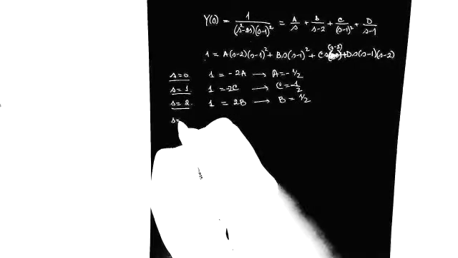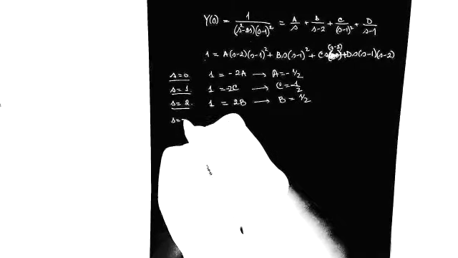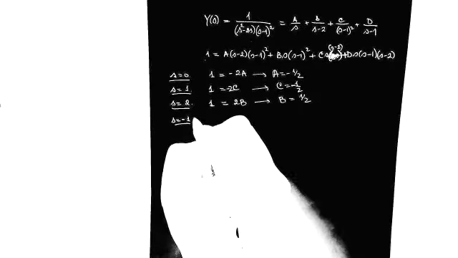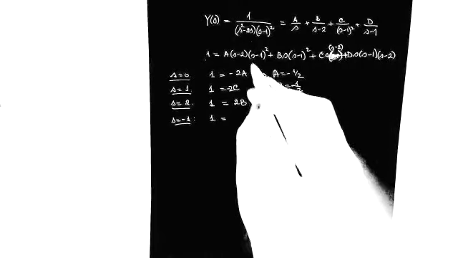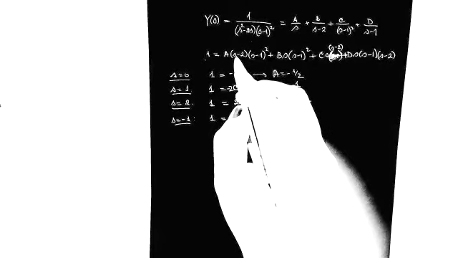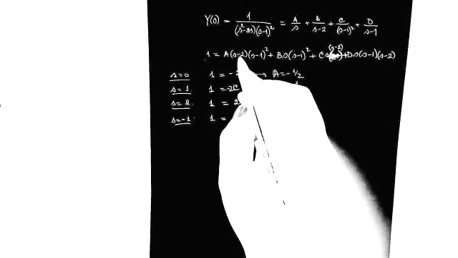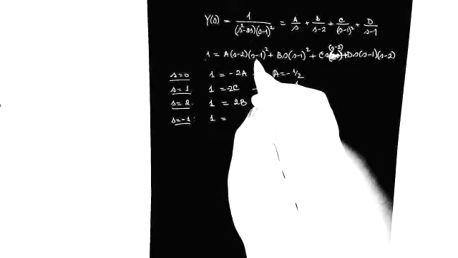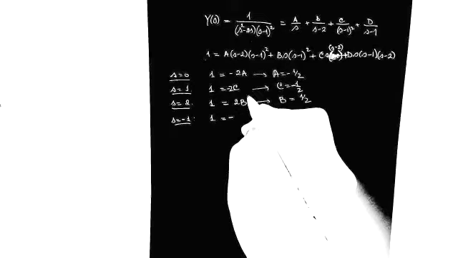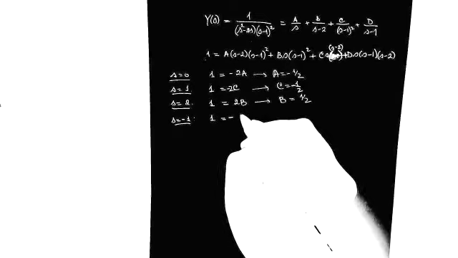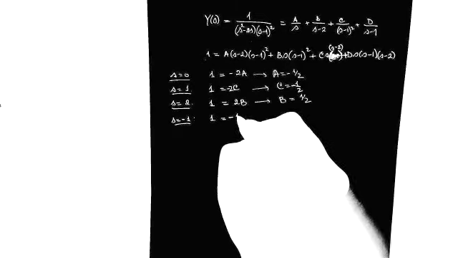So I plug in s equal -1. So I'm going to get 1 equal, s equal -1, so this is -3. Here -2 squared, that is 4. So that's 4 times -3, so -12A.